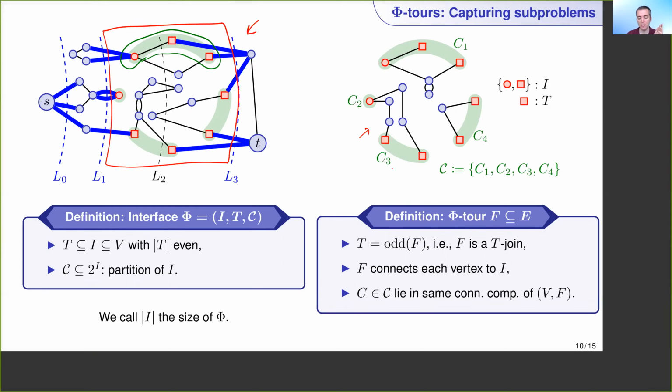And the interface vertices in the same cluster must be connected to each other. Maybe one thing I want to highlight here is it is legal to actually connect two different clusters. So we allow for that, even though the guessing told us that they can be separate. So this will be called a phi tour.